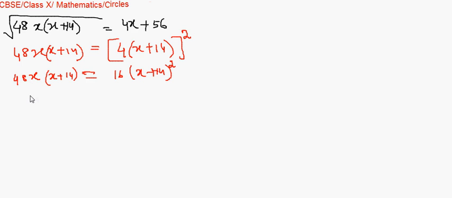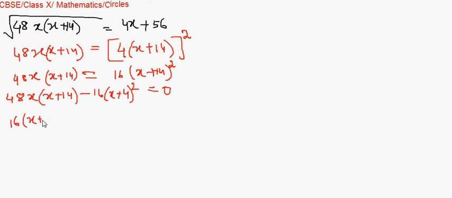Let me carry all of them to the left, so it is 14x, x plus 14 minus 16 x plus 4 whole square, that equals 0. Now let me take 16 x plus 4 common out of both the terms, so I will be left here with 3x, right?